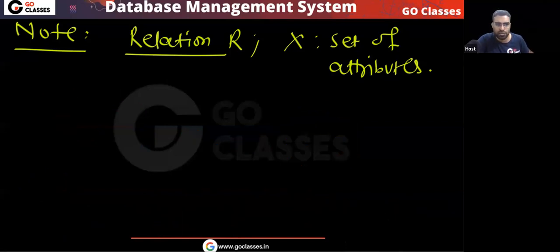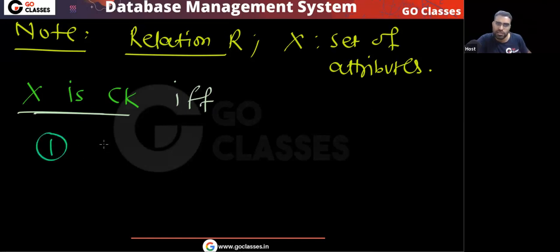Okay, let me give you the conclusion. What is the definition of candidate key? X is candidate key if and only if two things happen. The first thing, X must determine everything.